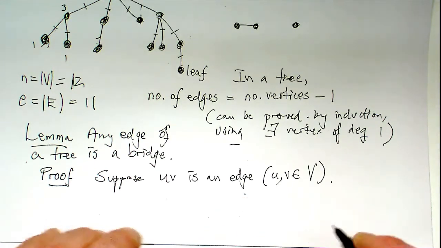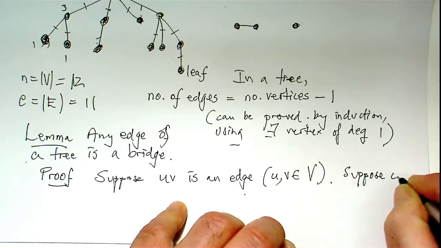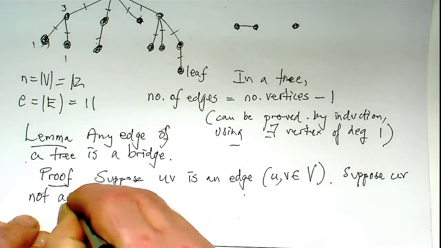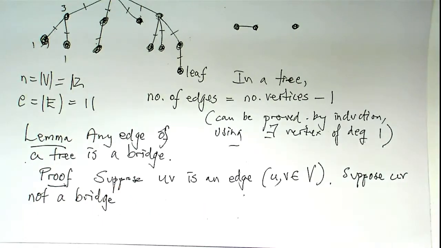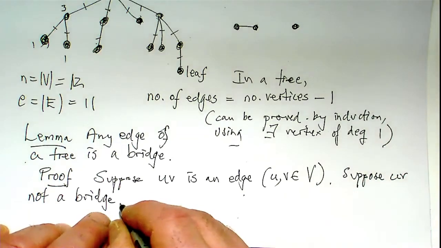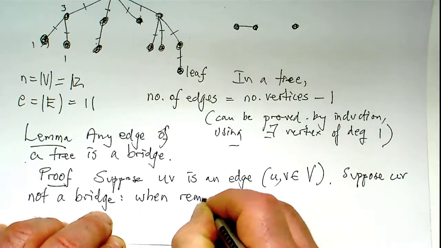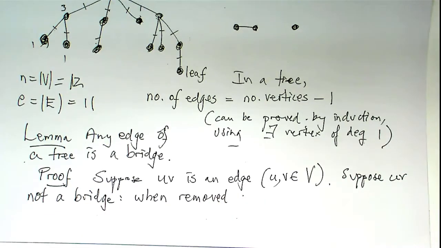Okay, suppose UV is not a bridge. Then when removed, the graph is still connected.